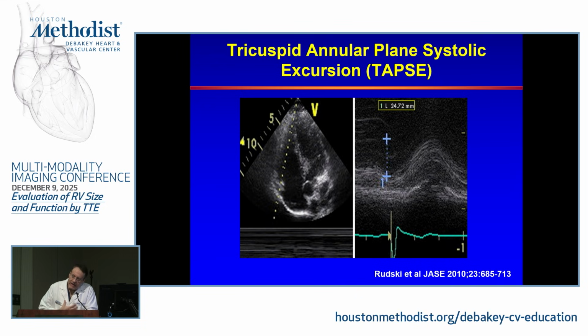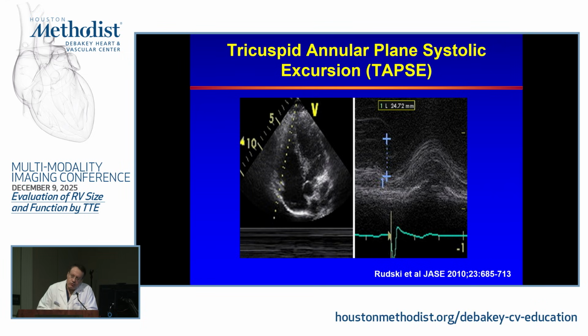Whereas a measurement such as RVEF by 3D or the fractional area change also takes into account the radial thickening that is happening, and that contributes to the ejection of blood out of the right ventricle. The lower limit of normal is around 17, and we'll talk about that.